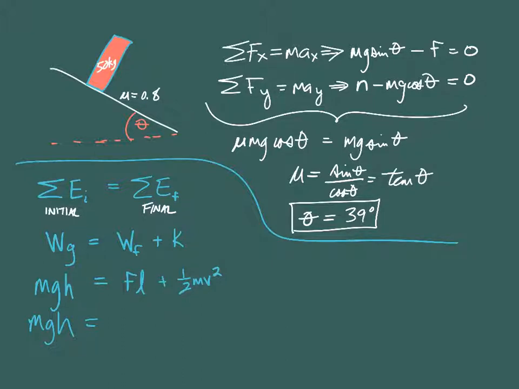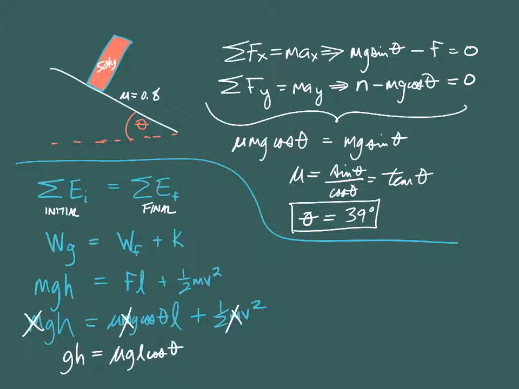So I have mu mg cosine theta times L plus 1/2 mv squared. Well, hopefully you can see, there's an m all the way through. And so you get gh equals mu gL cosine theta plus 1/2 v squared.